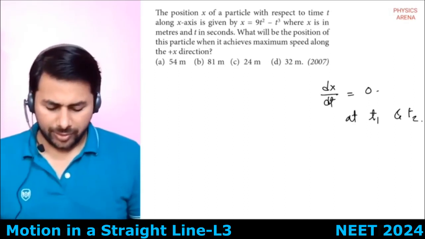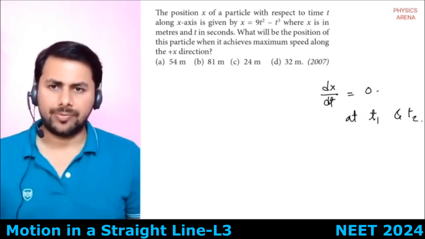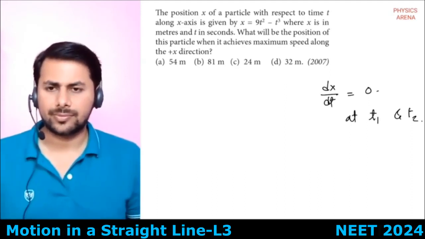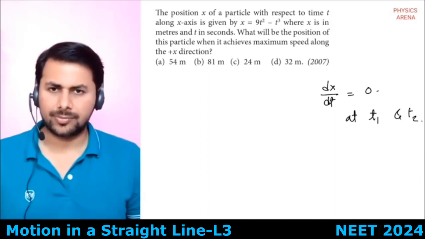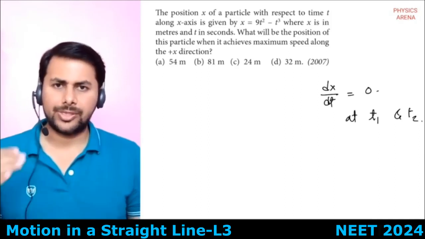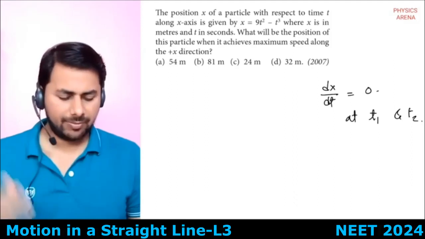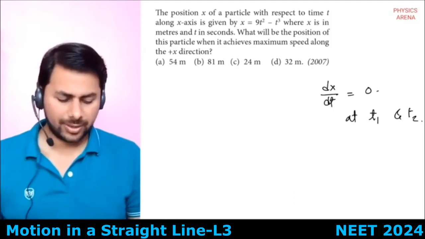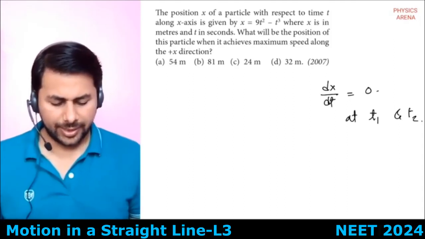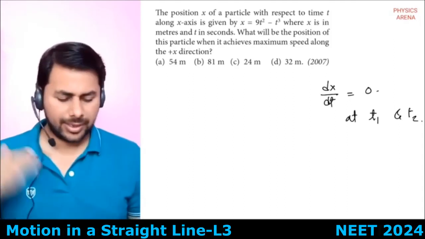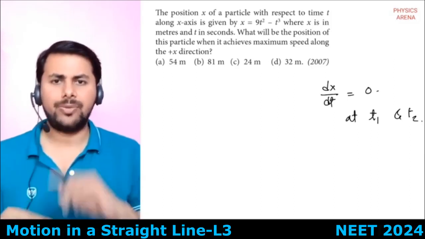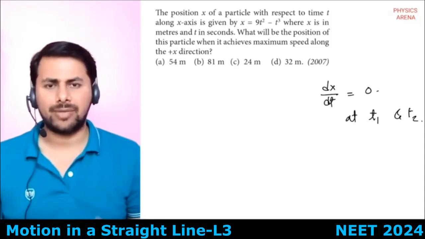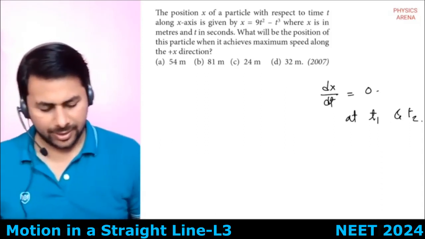So now where will it be maximum and where will it be minimum? What will be the maximum position and the minimum position? You will take one more derivative. If the second derivative is positive, that means it is a minimum point. If it is negative, that means it is a maximum point. Is it clear?